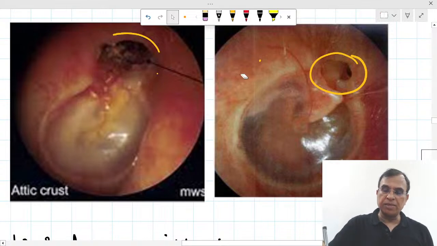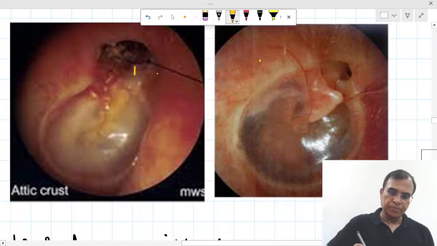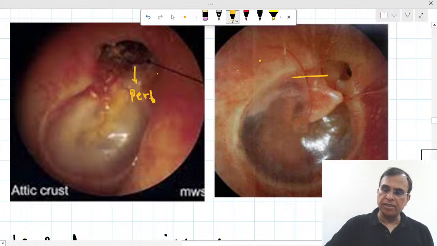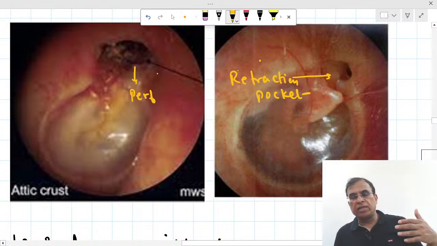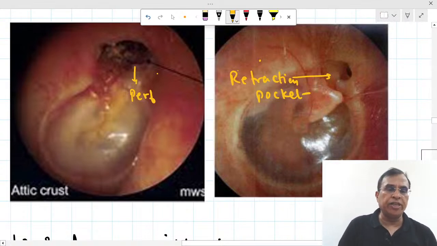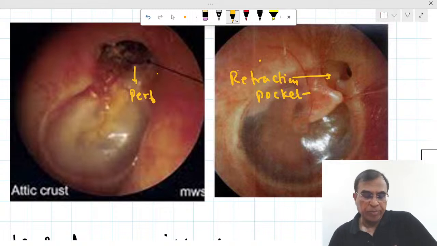The first one is a perforation. This is a perforation of the pars flaccida, and this is a retraction pocket of pars flaccida. So now look for yourself, and you can easily differentiate between a retraction pocket and a perforation.